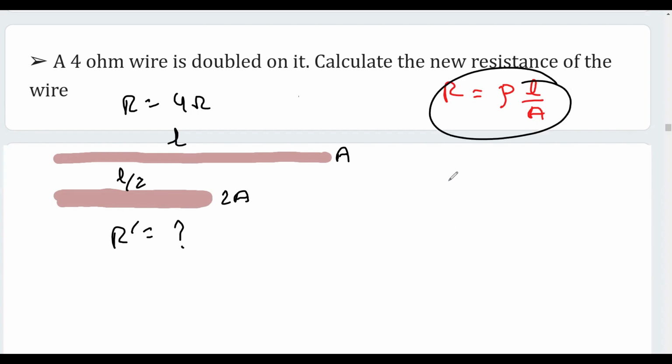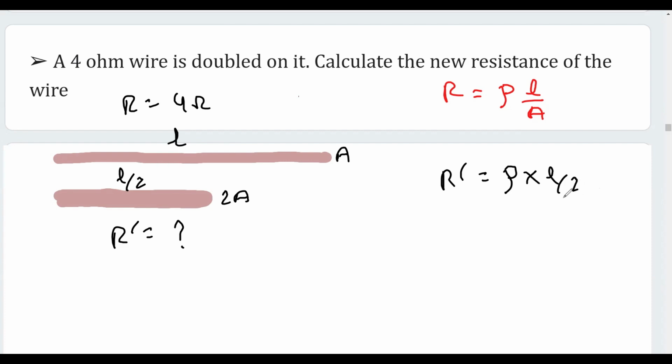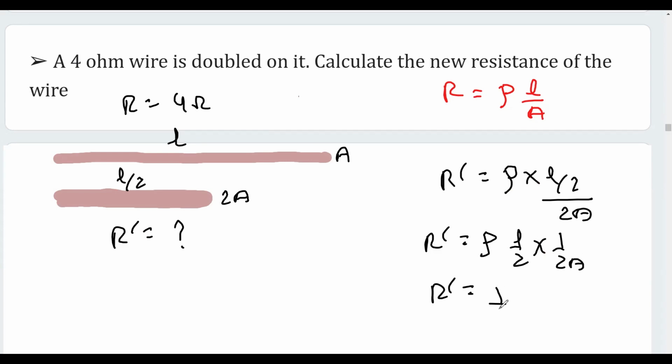Now R dash will be rho, which is not going to change as it is the same wire, times the new length, L over 2, divided by the new area, which is 2A. Dividing by 2 is the same as multiplying with the reciprocal, so the new resistance is 1 over 4 rho L over A.